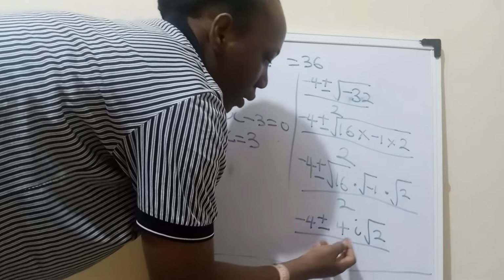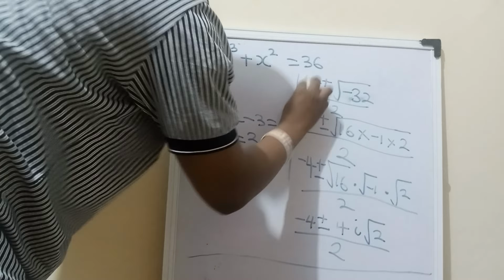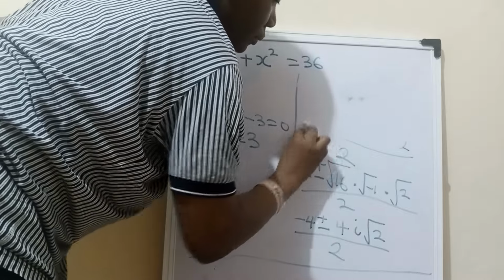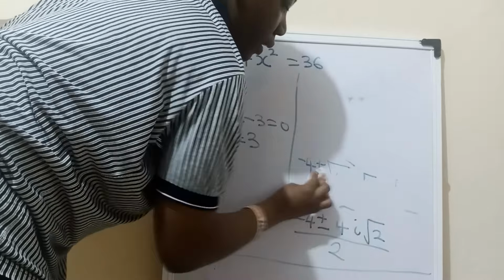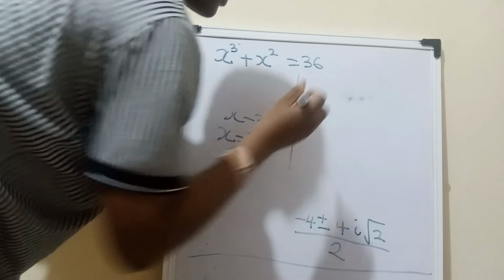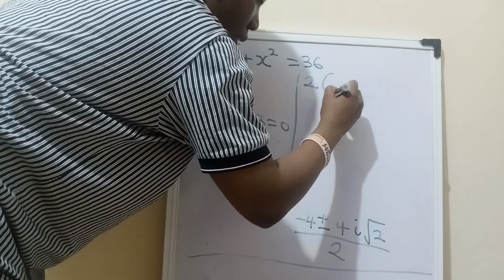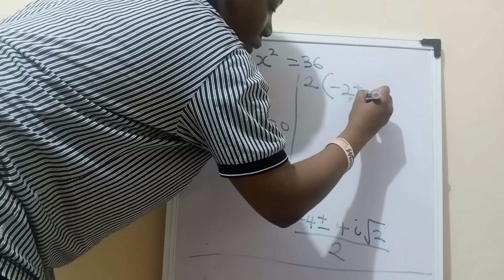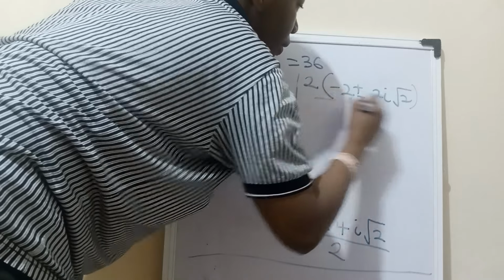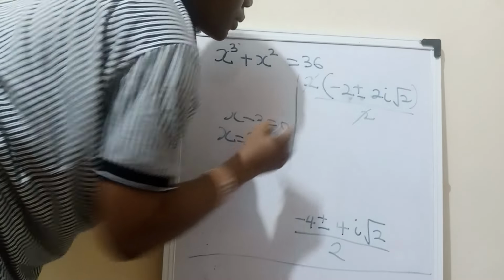We have something that is common, which is 2. So we're going to factor out 2. So this is 2 in bracket of minus 2 plus or minus 2i root 2 all over 2. This goes.